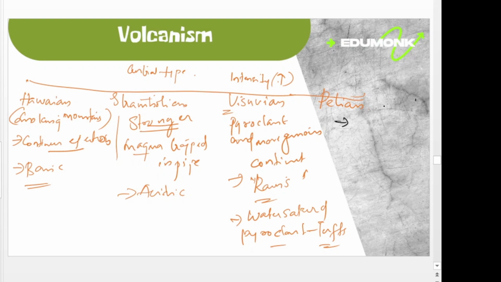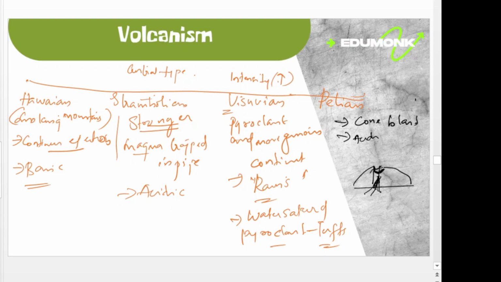Here the pyroclast development is higher, and in most cases it leads to the formation of a glowing cloud. Here you can see the cone blast. Cone blast: it's a volcanic mountain, magma comes out through this pipe, and this is an acidic magma, so it solidifies very fast, which makes a crater here.